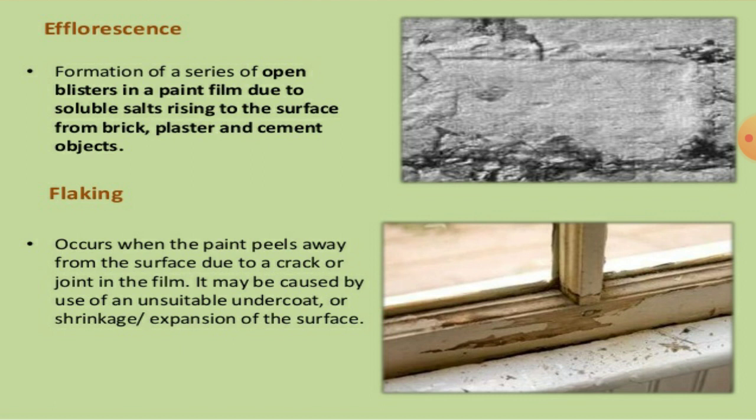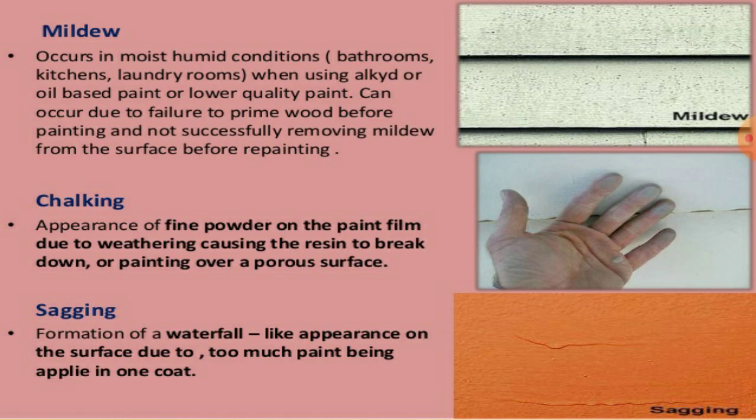It may be caused by the use of an unsuitable undercoat or the shrinkage or expansion of the surfaces. Here are the different mild ways, then chalking, sagging. These are the defects of the paints.